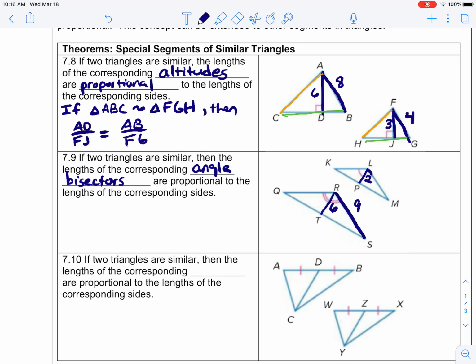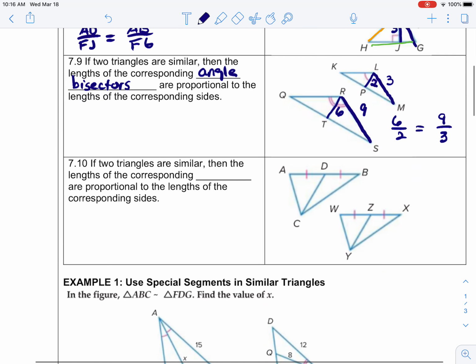So if this was 9, then this would have to be 3, right? So that 3-to-1 ratio. So again, 6/2 would be the same as 9/3, right? So I'm just going to write that up here too. So 6/3 was equal to 8/4 when comparing the altitudes, and now we're comparing the angle bisectors, and we see they are in the same proportion.